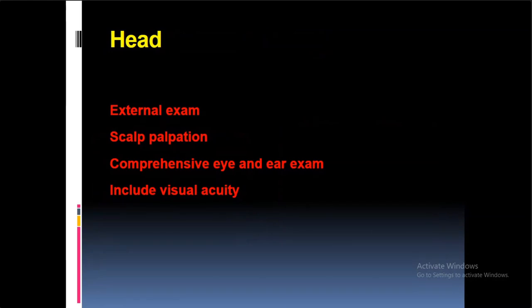Next we come to the detailed examination of each part of the body. In the head I should look for the external examination: the scalp, the ears if there is otorrhagia, comprehensive eye and ear examination, the mouth, visual acuity, maxillary damage if it happened, mandibular problems, denture loss or even obvious fracture.